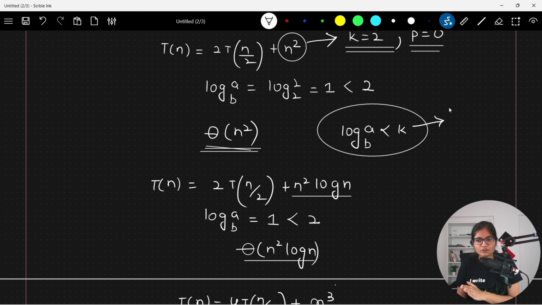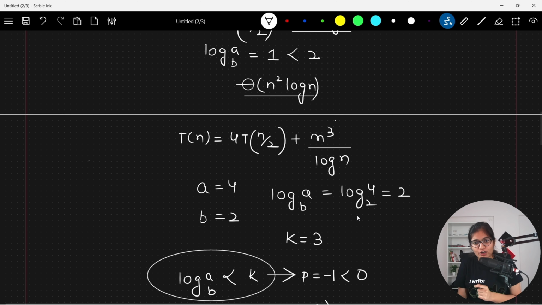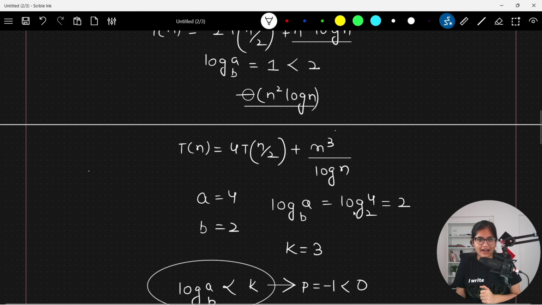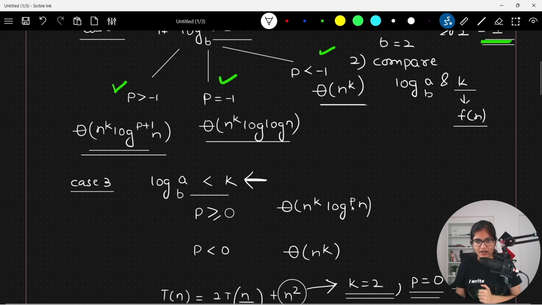Instead of looking into that also, you can just say order of f of n directly. If suppose the value of p is -1, at that point of time you can directly skip that negative part and take n to the power k directly. That's the overall idea behind the Master's theorem that we have understood.